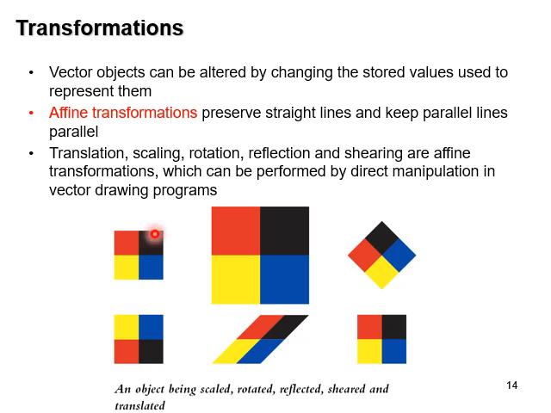In fact, you are stretching it in this direction and keeping the other direction the same. And finally, translation. Translation is just moving one object from one point to another. Okay, so if we have the objects defined using vector graphics, all of these operations are very easy to be done. So let's see some of them in the next slide.